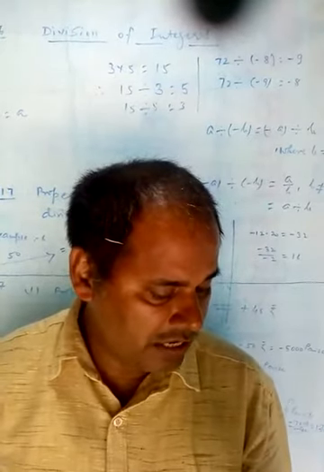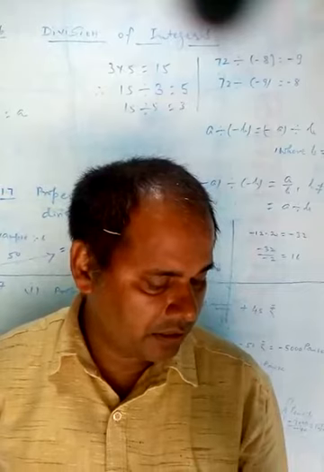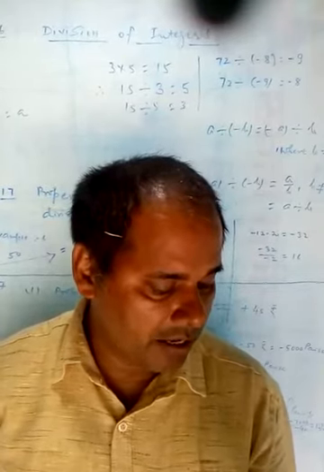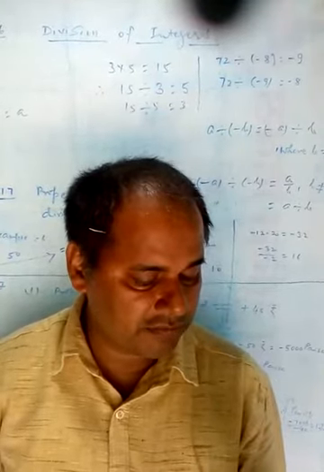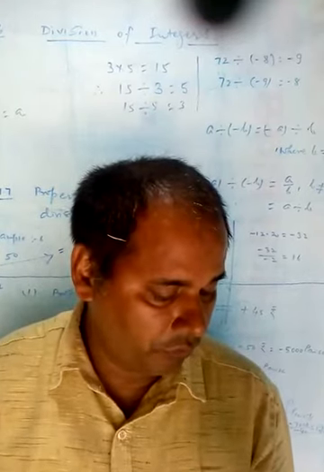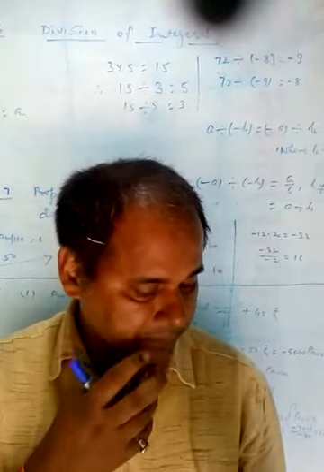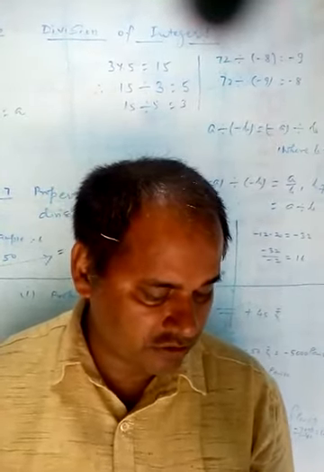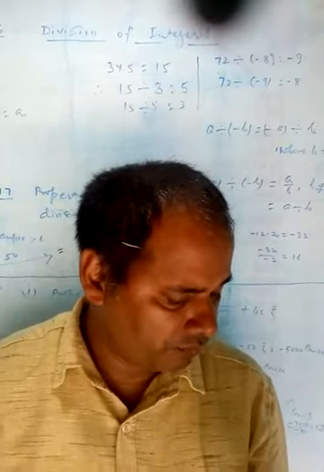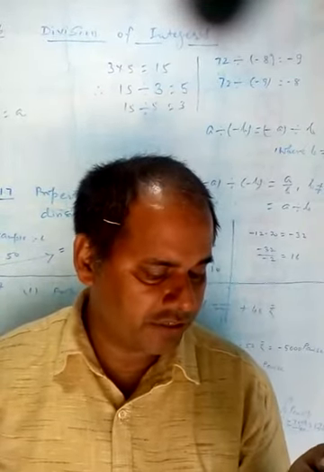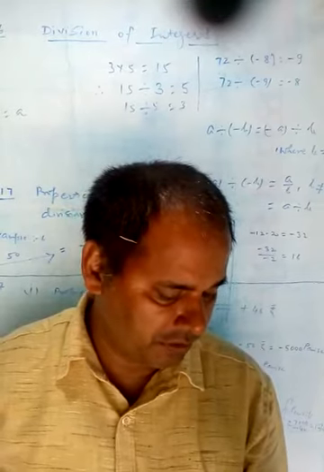No. Is minus 30 divided by minus 6 the same as minus 6 divided by minus 30? No. Can we say that division is commutative for integers? No. You can verify it by taking 5 more pairs of integers.